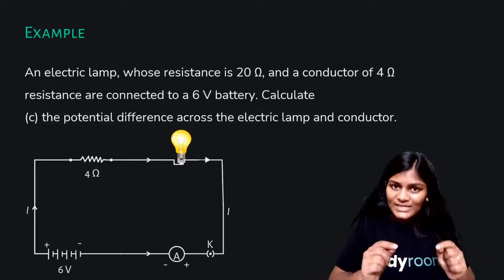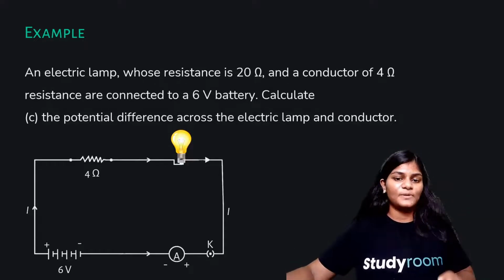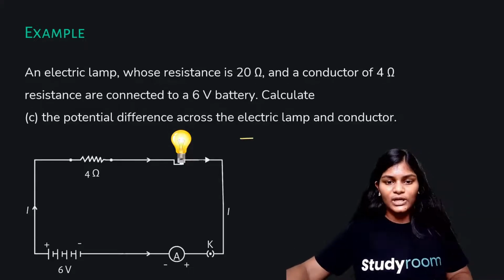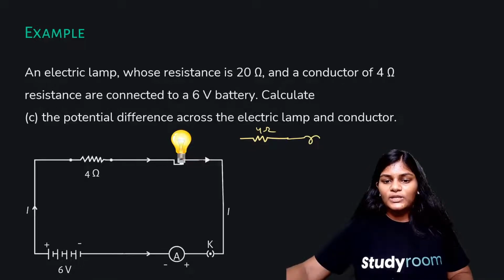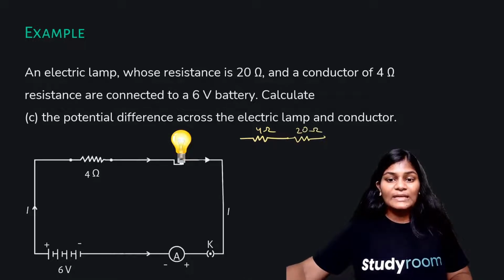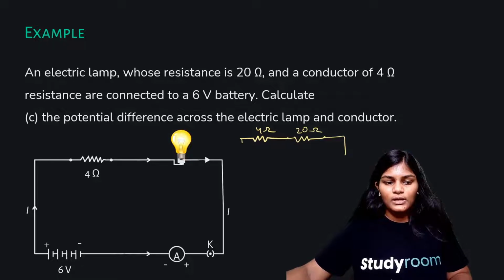So for this part, I am going to draw both the resistors separately. This is my 4 ohm conductor. This is my 20 ohm lamp. Here I have my battery, which is 6 volts, and my circuit is connected like this.